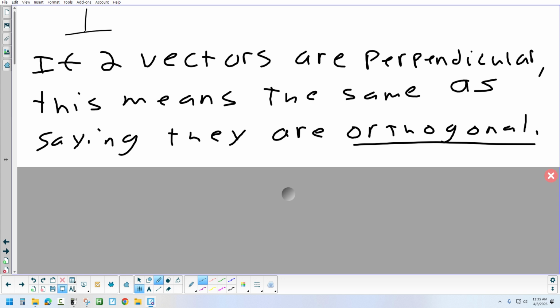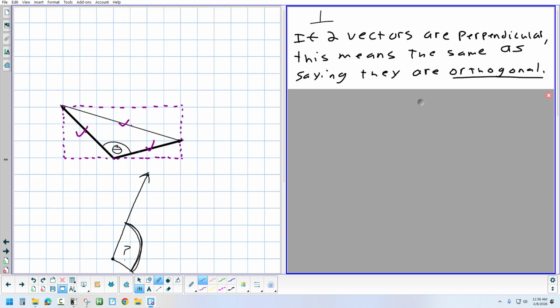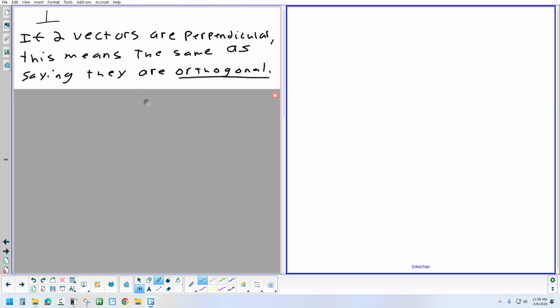What's the angle if two vectors are perpendicular to each other? 90. So think about what would happen if the angle was 90. Here's your formula for finding the angle. Cosine of your angle equals the dot product over the product of the magnitudes. I don't even know what vectors we're working with, but let's just say the angle is 90.